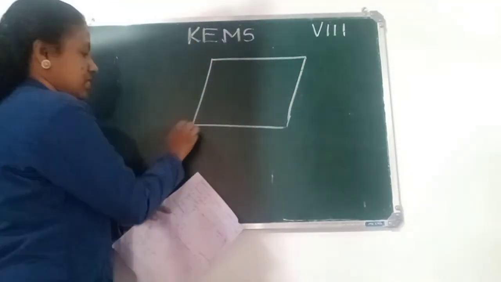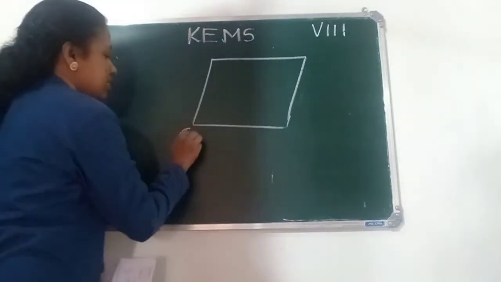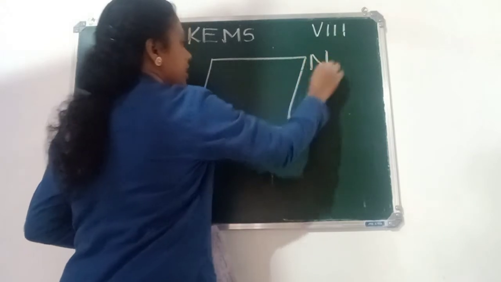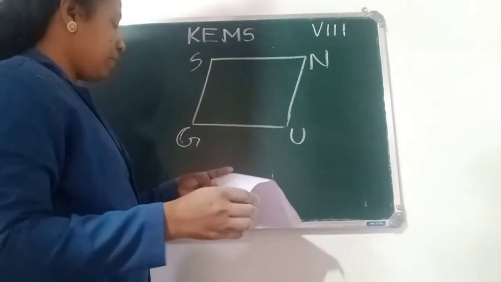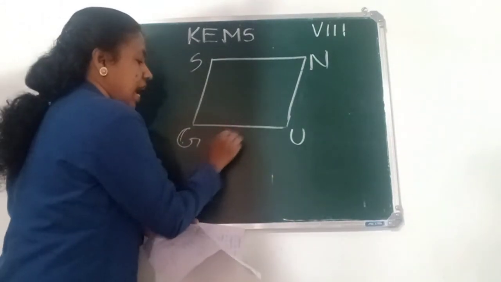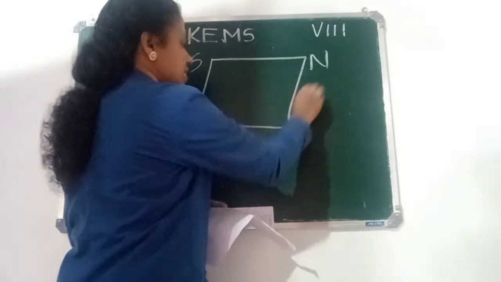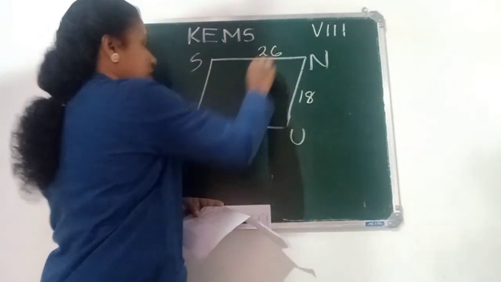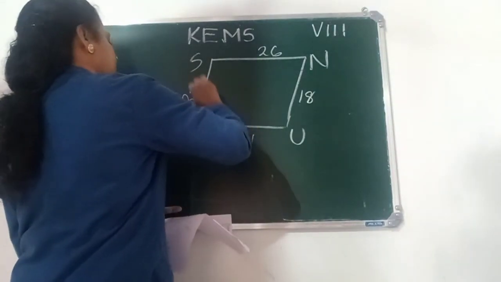First question, this. Its name is GUNS. The following figures are parallelograms. Find X and Y. Here the sides are given, not angles. One side is 3y minus 1, this side is 18, this side is 26 and this side is 3x.